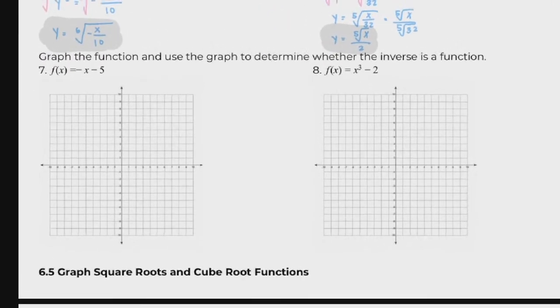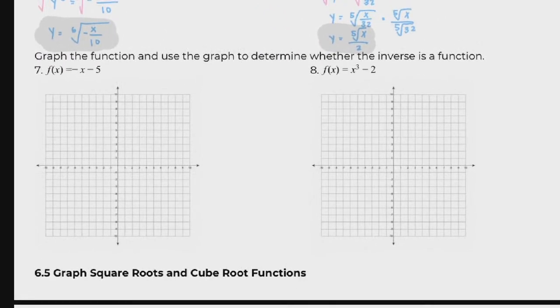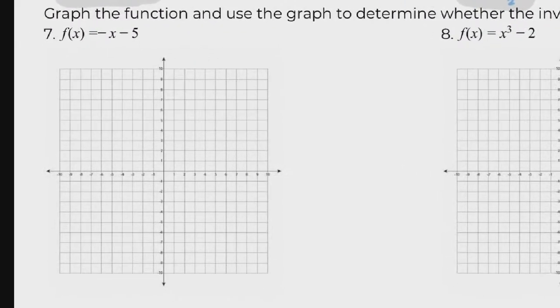Okay, and in the last section, we want to graph the function and use the graph to determine whether the inverse is a function. So we have f of x equals negative x minus 5. So this is a line. I'm going to start at negative 5 on my graph, go down 1, right 1, and then create a line.